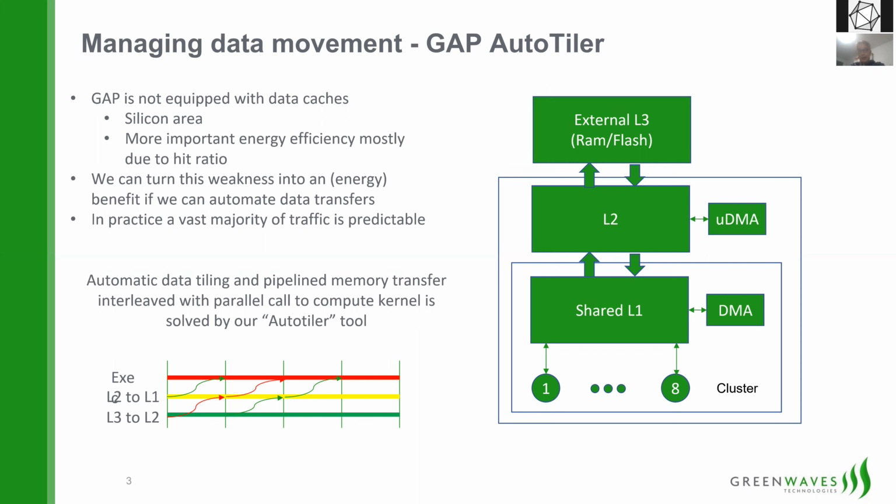Inside the chip, we also have a multi-core compute cluster. In the GAP8 product, that's 8 cores with a shared memory architecture. So the most important thing for us is to bring data in and hide all of that data movement behind computation on the cluster and keep the cluster busy.